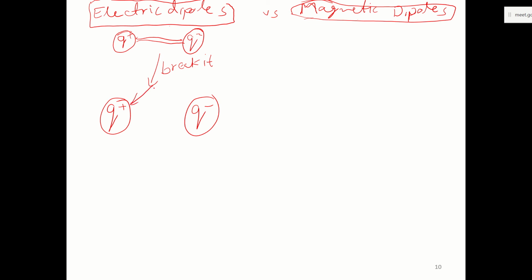So it splits into electric monopoles. So this q plus and q minus, what you call a point charge, these are electric monopoles. This is an electric monopole, this is another, so it will break up. One having positive charge, one negative charge, it will break into electric monopoles.